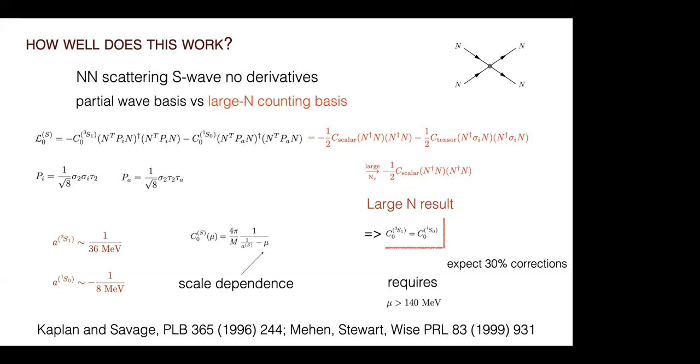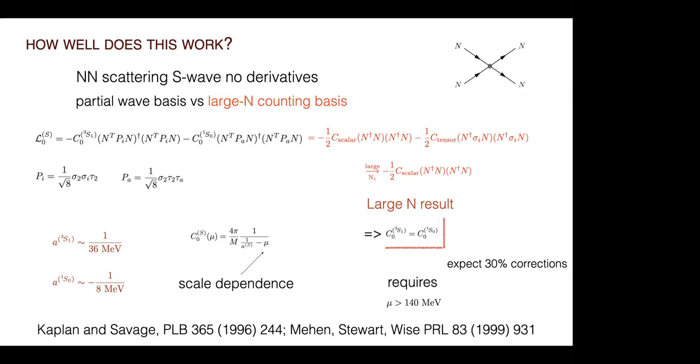And this simple example that I gave earlier to illustrate the method, you can ask, well, how well does this work in real life? Well, in real life, what you measure are not the scalar and the tensor, but the triplet partial wave and the singlet partial wave.